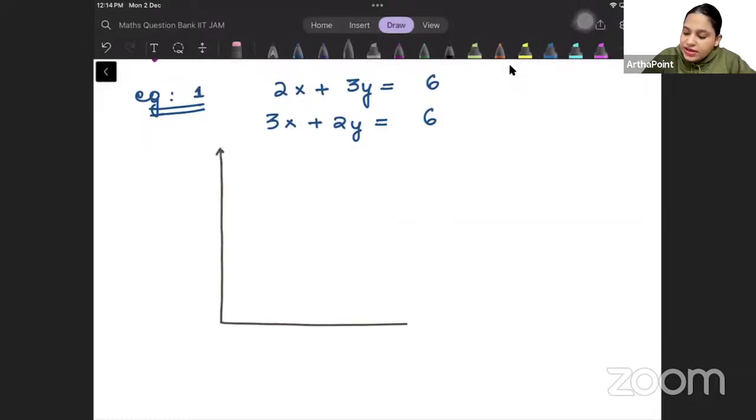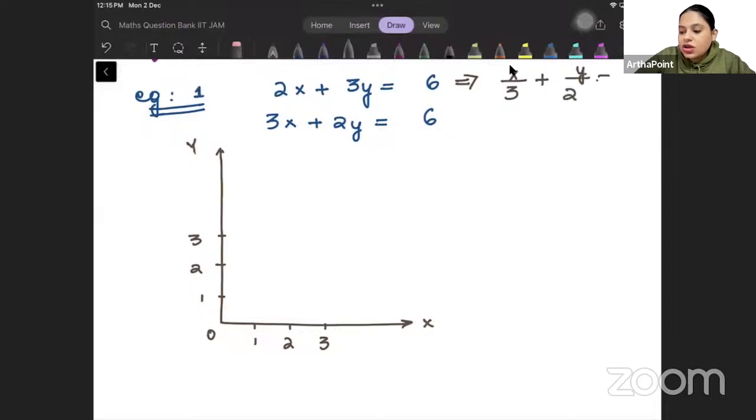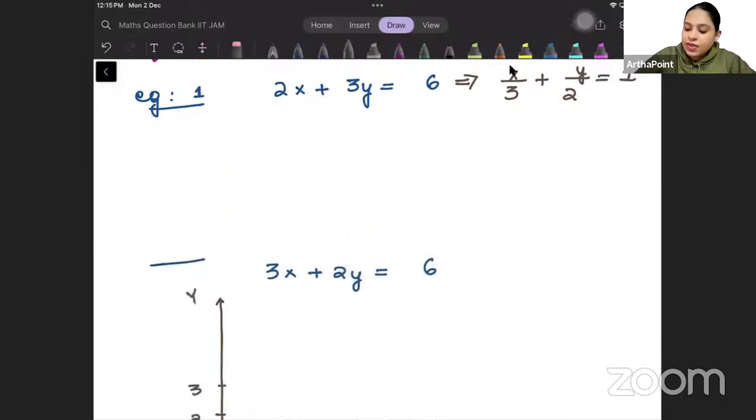So if I take x here and I take y here, I will have 1, 2, 3, 1, 2, 3. So this can be rewritten as x by 3 plus y by 2 equal to 1. We can write it like this. Just try to understand this thing. Can I divide throughout by 6 and get this?